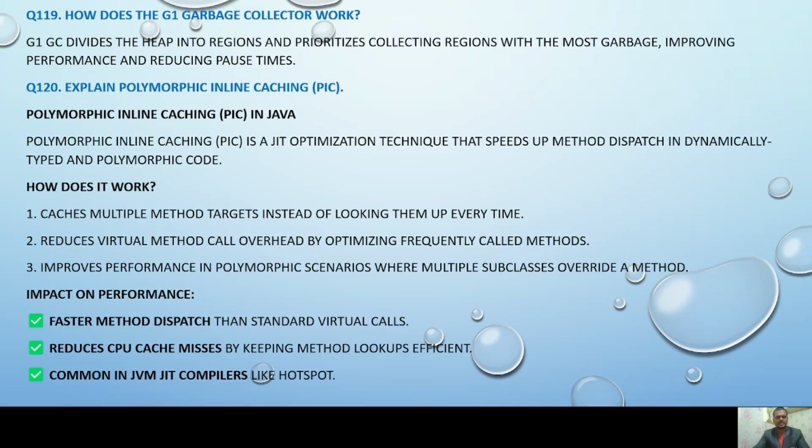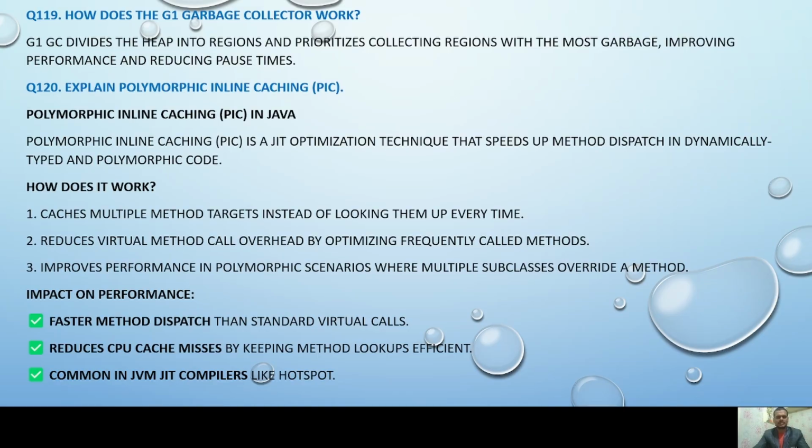Explain polymorphic inline caching, that is PIC. Polymorphic inline caching is a JIT optimization technique that speeds up method dispatch in dynamically typed and polymorphic code.